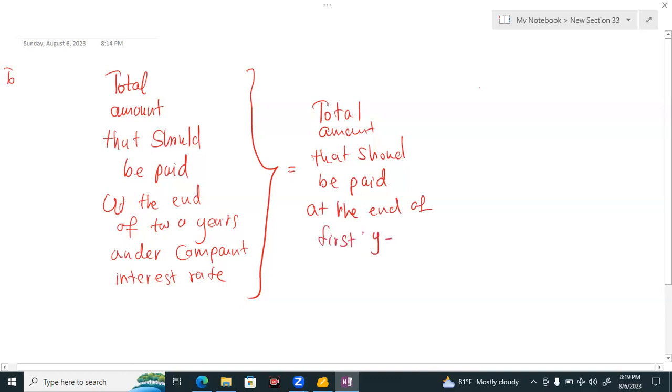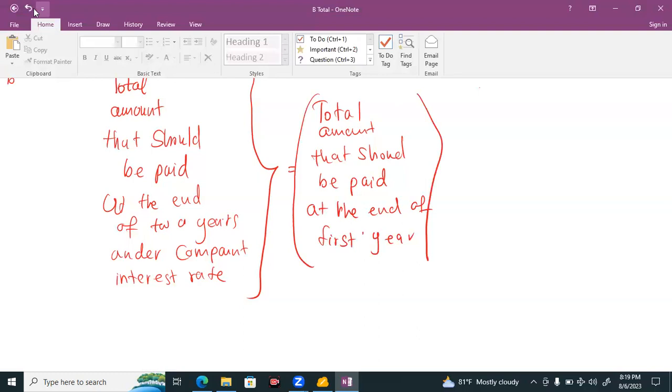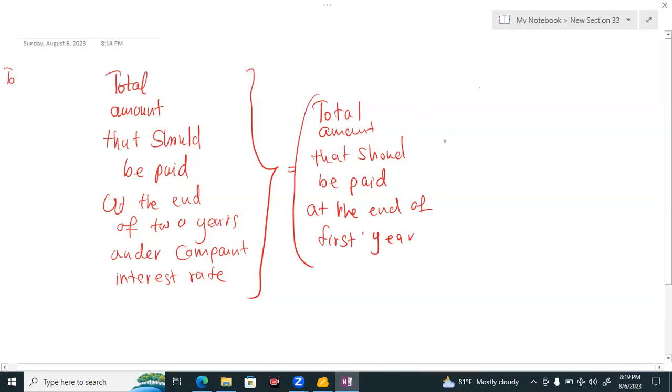The total amount to be paid at the end of the first year should be multiplied by the interest rate plus 100, with 100 added, where the interest rate I take as R over 100. Okay.